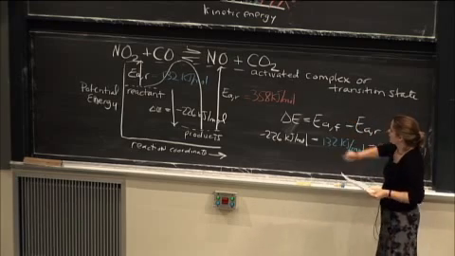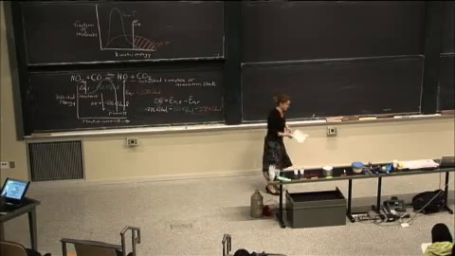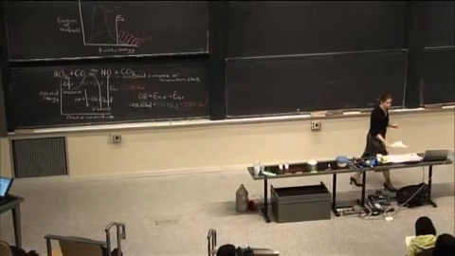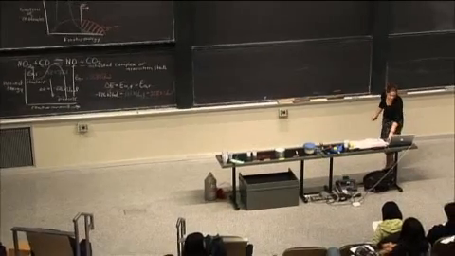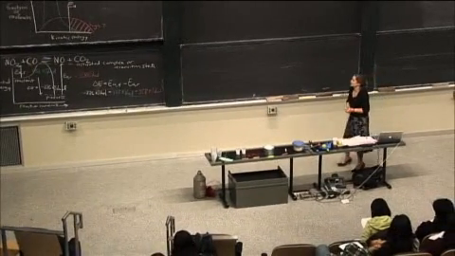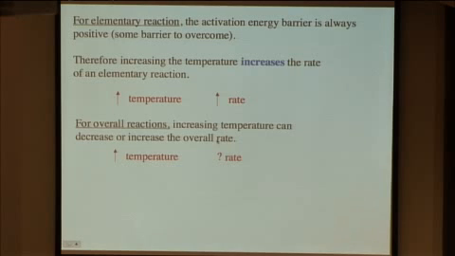Okay, so let's keep this in mind and take a look at how this connects back with some other things that we have already talked about in this course. For an elementary reaction, there's always some activation energy barrier to overcome. There's always some positive activation energy to overcome.